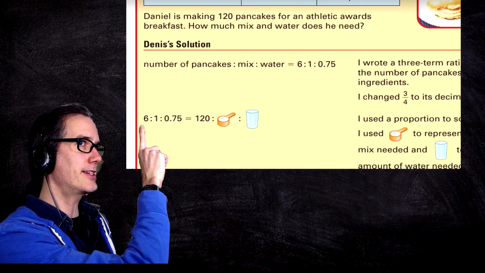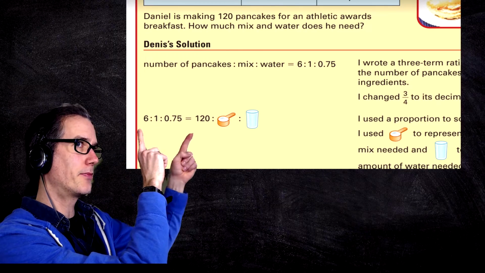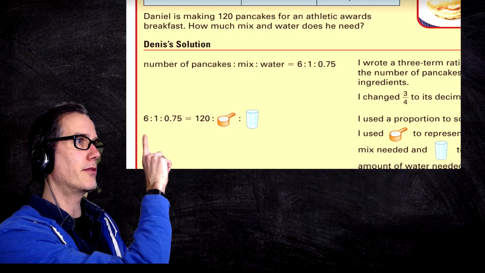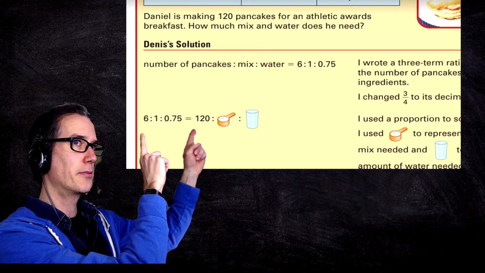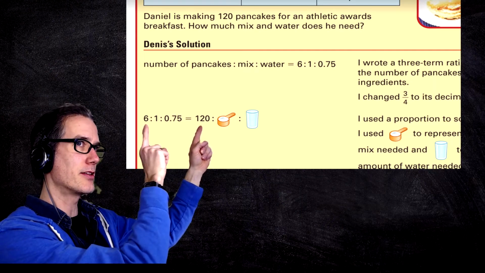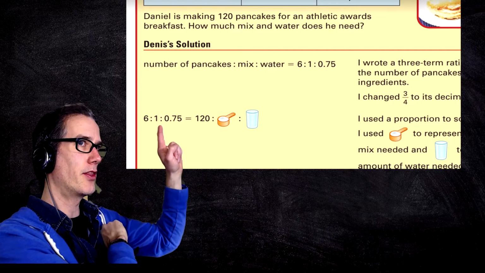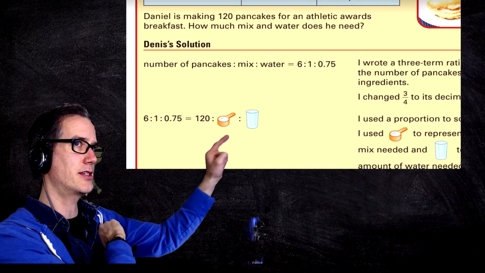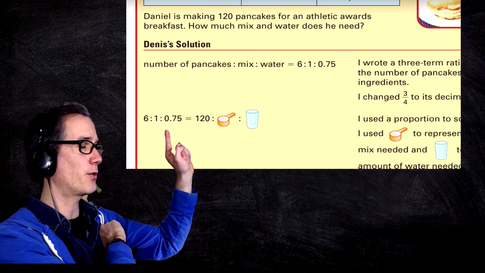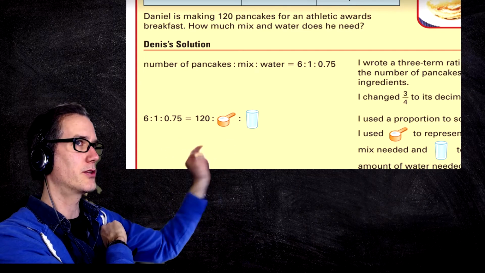So here we have the 6. That's got to become the 120 pancakes, right? So this has to transform into 120. Then the 1 will transform into this, and the 0.75 or 3/4 will transform into water.